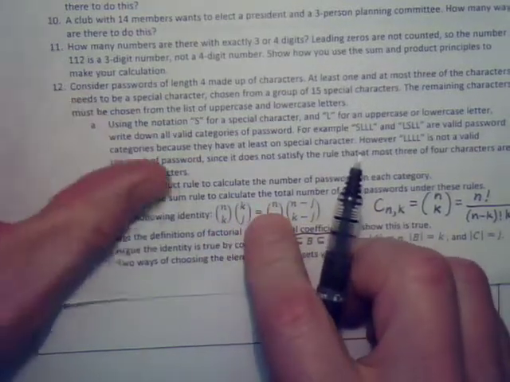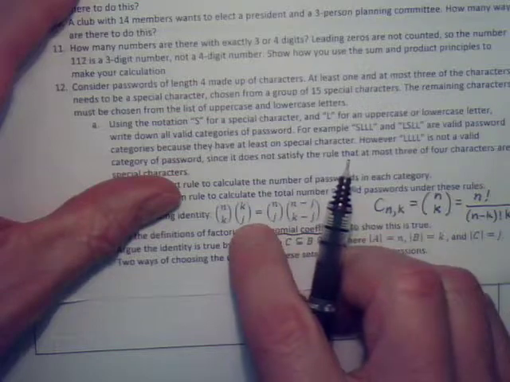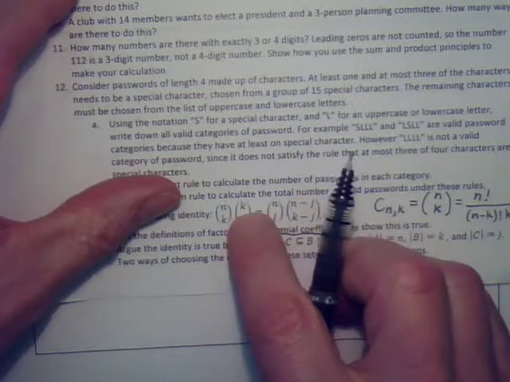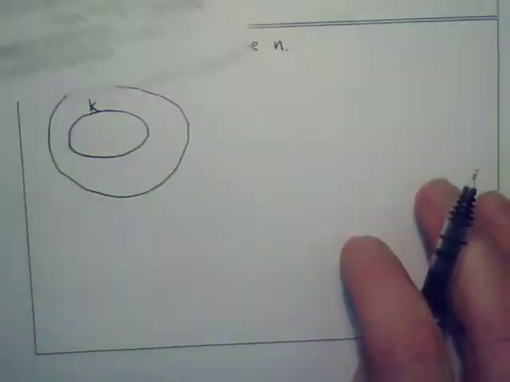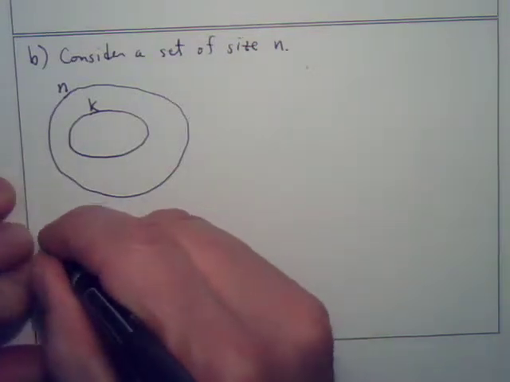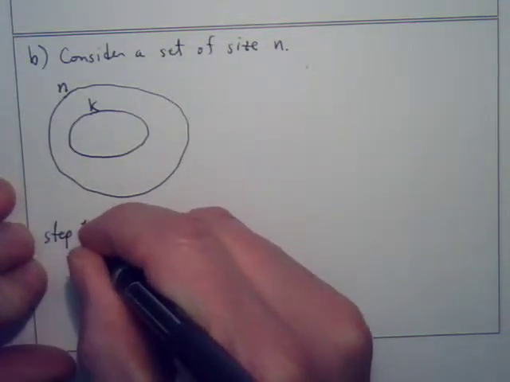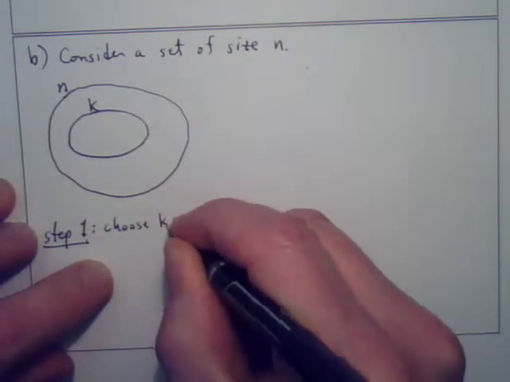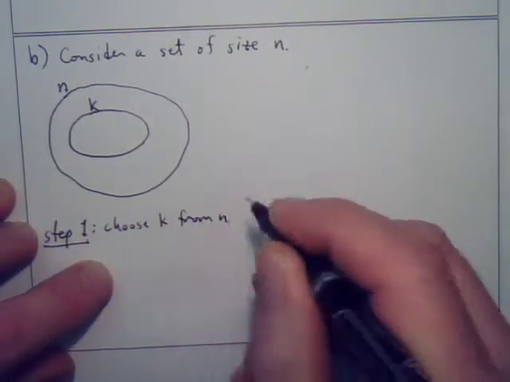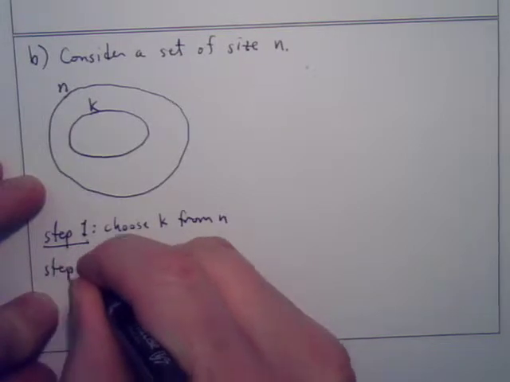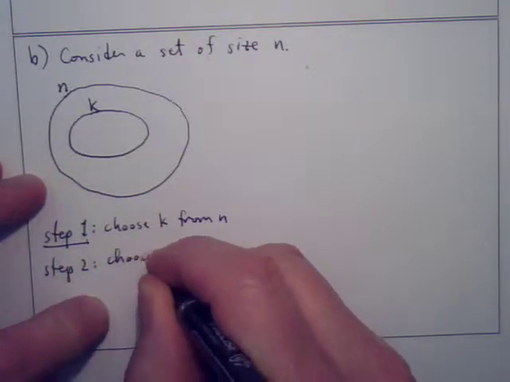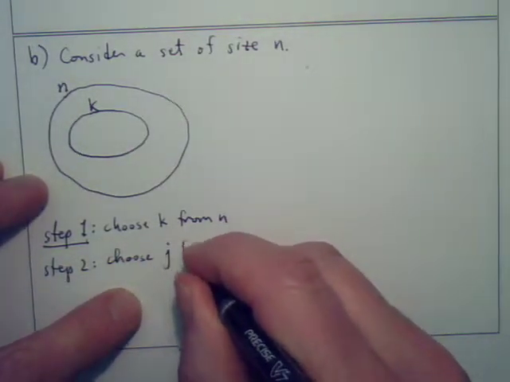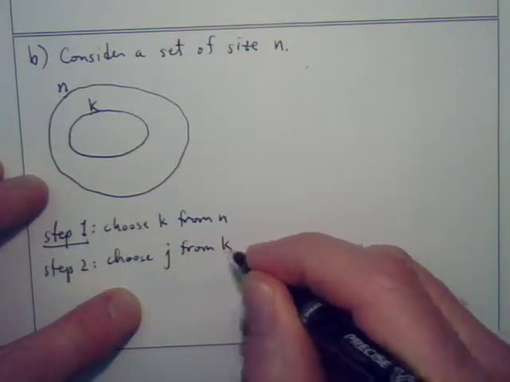Now we're going to choose a subset of size j out of those k elements we just chose. So step 1, choose k from n, and then step 2, choose j from k.